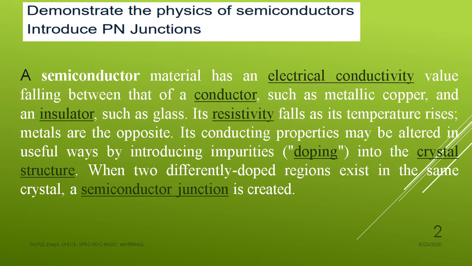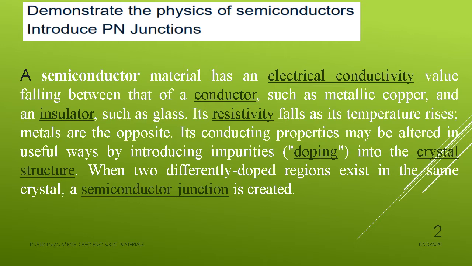When two differently doped regions exist in the same crystal, a semiconductor junction is created. Two differently doped regions means, based on the type of dopants, either pentavalent impurities or trivalent impurities are added to the pure form of semiconductors. Adding pentavalent impurities creates an n-type semiconductor, and adding trivalent impurities creates a p-type semiconductor.